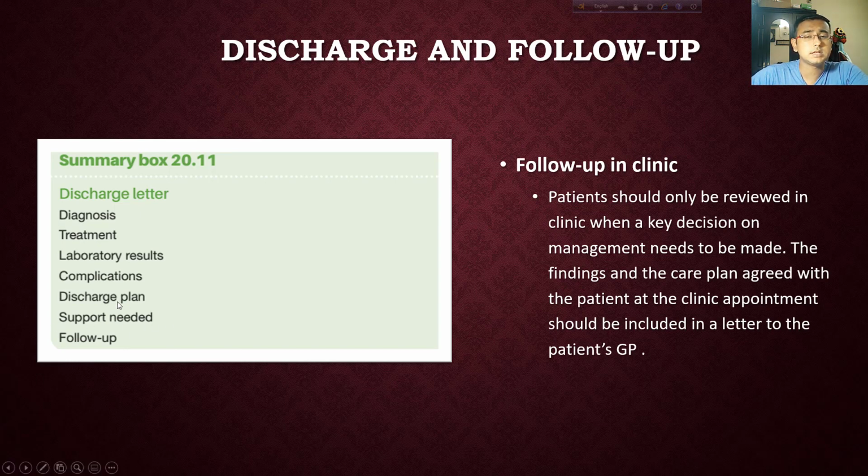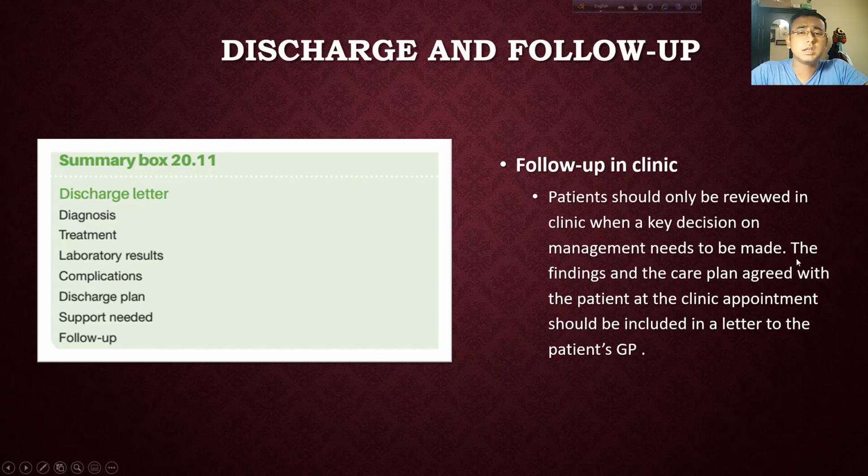The patient may need some manpower, some medications, and other additional support. For example, stoma nurses and physiotherapists may go to the patient's home and provide supporting treatments. And the follow up. The patient should be reviewed in the clinic when a key management decision needs to be made.